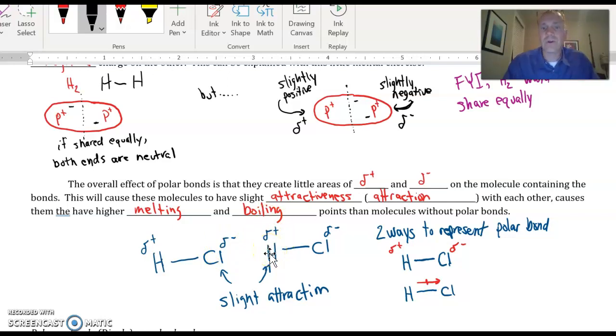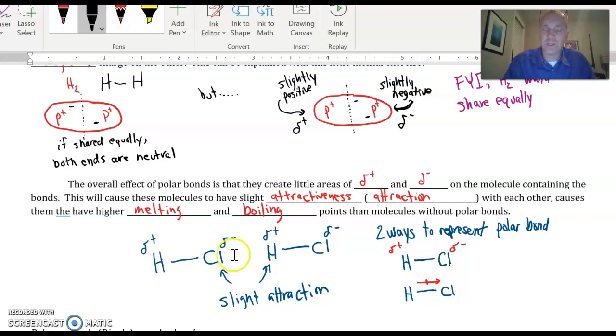Even though they're not a full +1 and -1 charge, they're still slightly charged, and areas that have opposite charge are going to have little bits of attractiveness. So there's a slight attraction between the delta negative over here and the delta positive over here, and so they want to stick to each other a little bit.